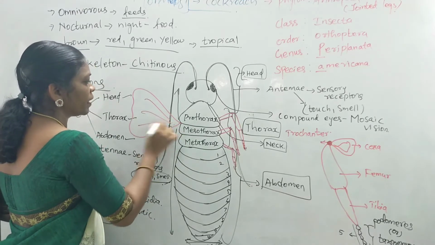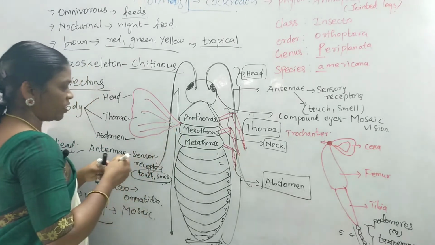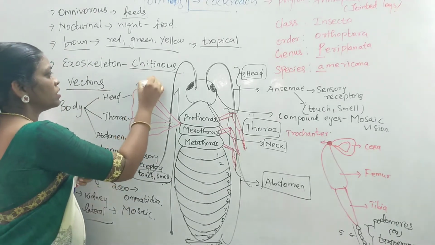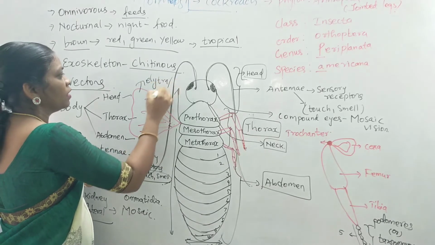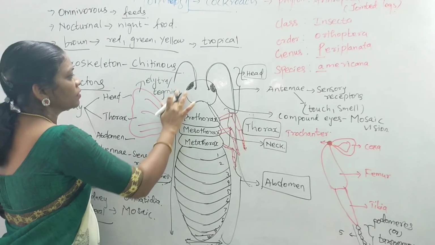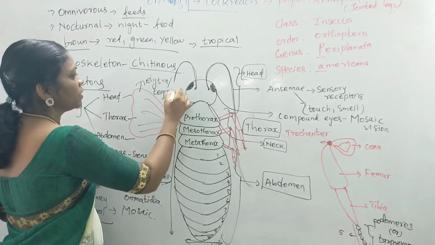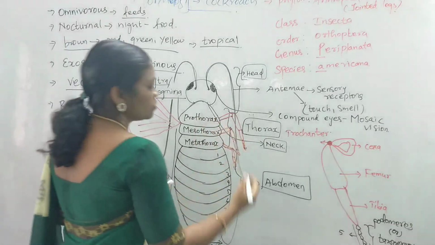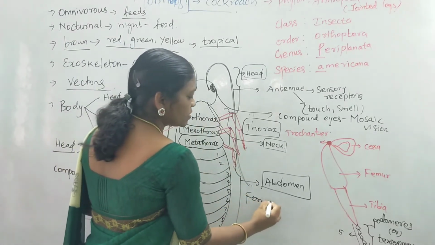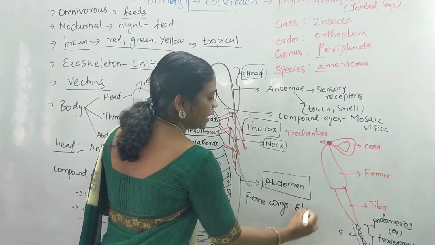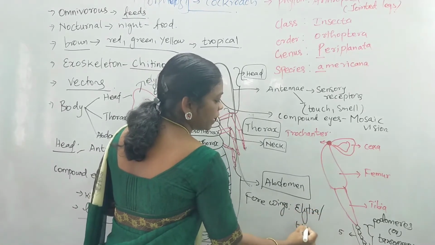These first pair of wings are known as elytra, or they are also known as tegmina. I will write here, the forewings are known as elytra or tegmina.